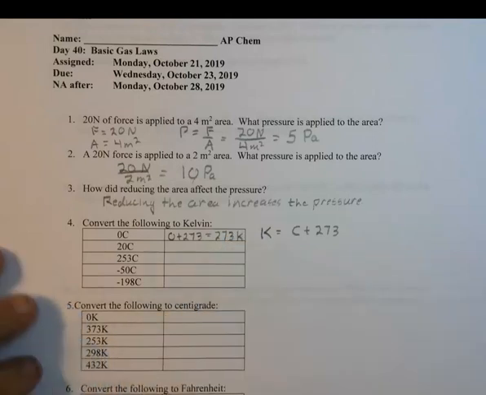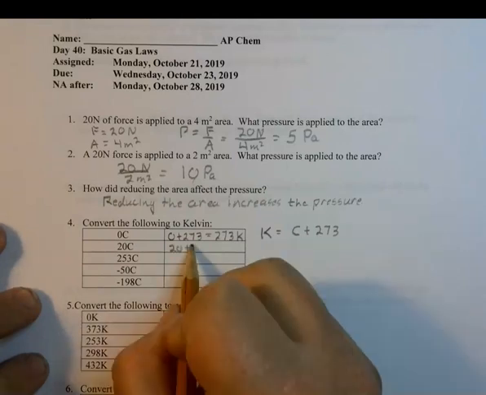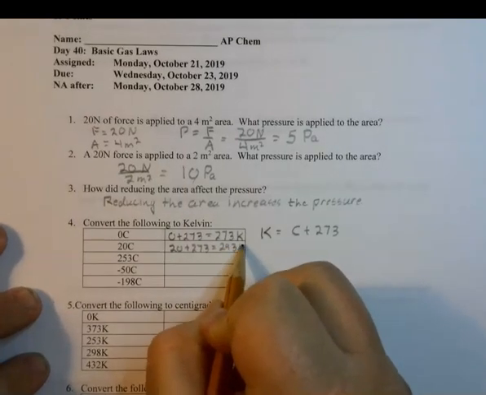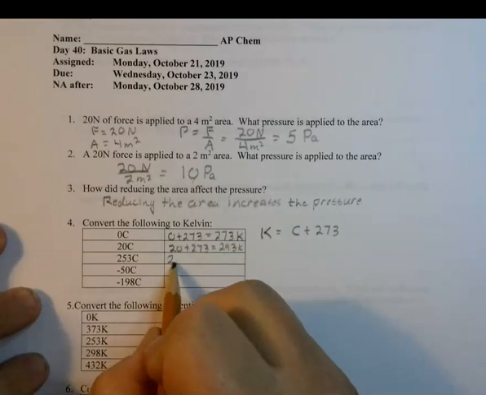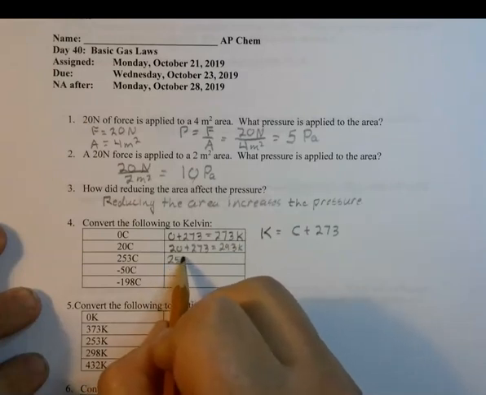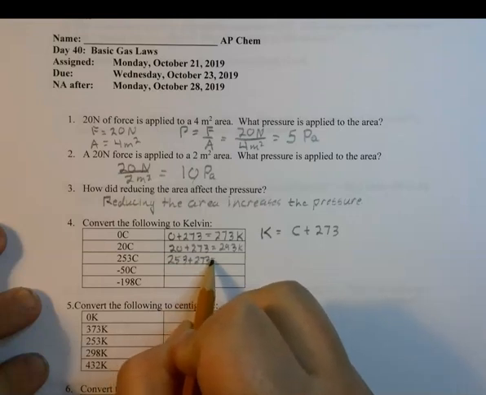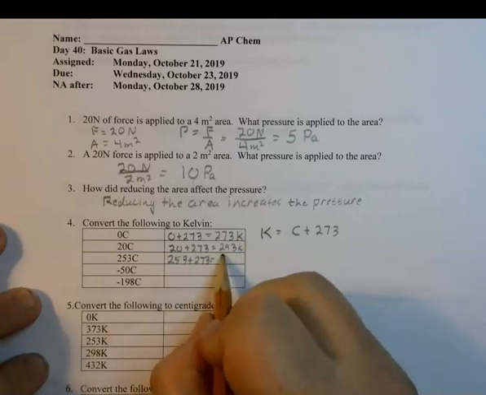It's just the convention. 20 degrees, so it's 20 plus 273. And that's going to be 293 Kelvin. 253 plus 273. And that's going to be 526.